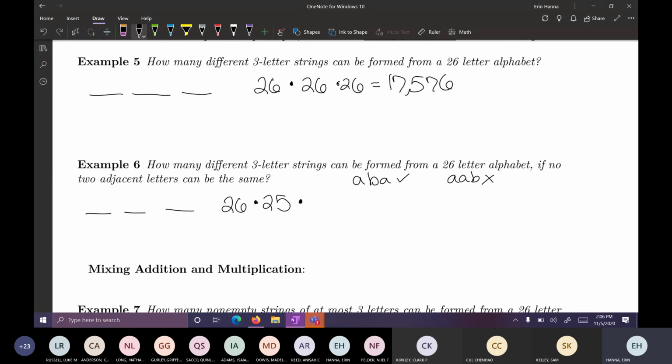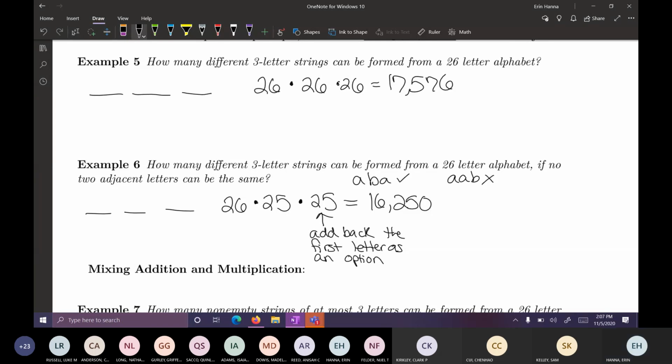So we're essentially taking away the letter from the second piece, but adding back the letter from the first option. So we're still at 25. So let me put a little side note. We're adding back the first letter as an option. So in this case, there's only 16,250 choices.